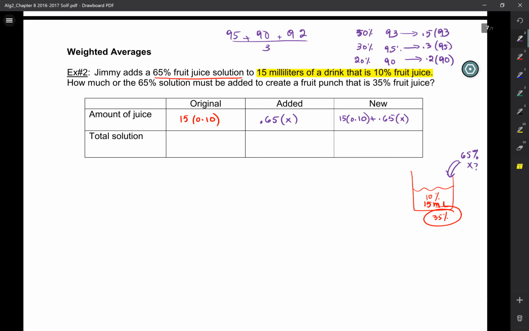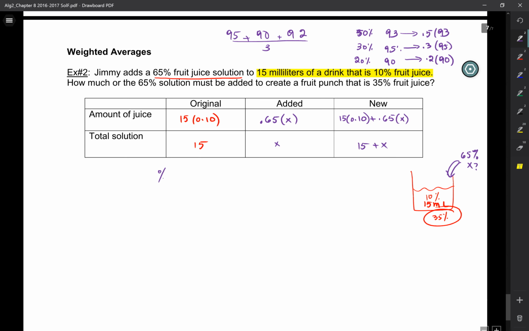Now together it's this. Now the total solution: what's the volume of the original amount? It's 15. And of the new one, it's x. And so together I have 15 plus x milliliters. That's how much I have if I measure it.